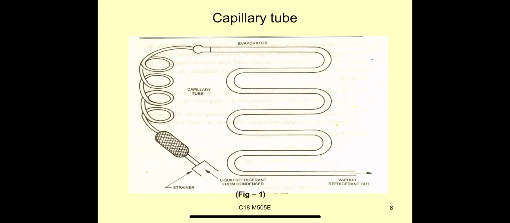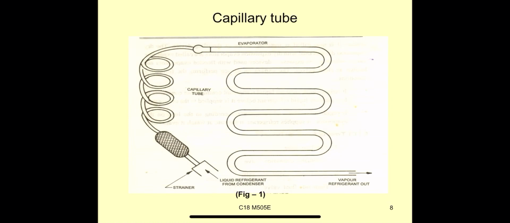The capillary tube has a strainer, which collects the liquid refrigerant from the condenser. It is sent through the capillary tube. In between the capillary tube and evaporator a strainer is kept. As the liquid refrigerant passes through the tube to the evaporator, the high pressure refrigerant is converted to low pressure and low temperature refrigerant.